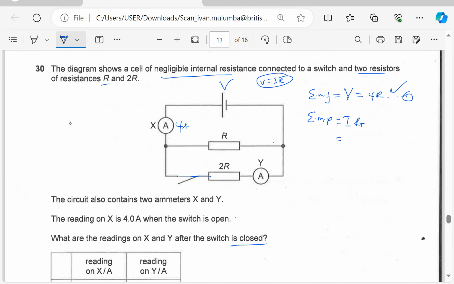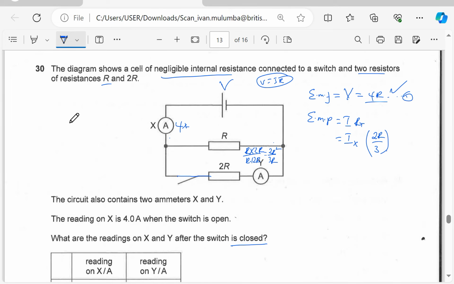Let's call the current IX, which is the total current, times total resistance. These are in parallel. So the total resistance is R times 2R divided by R plus 2R, which is 2R squared over 3R, which gives us 2R over 3. That's the total resistance.